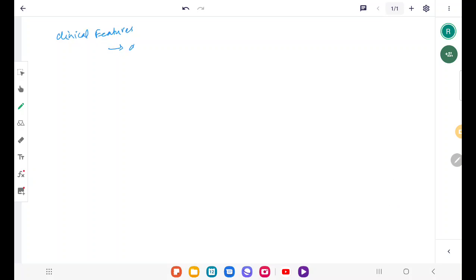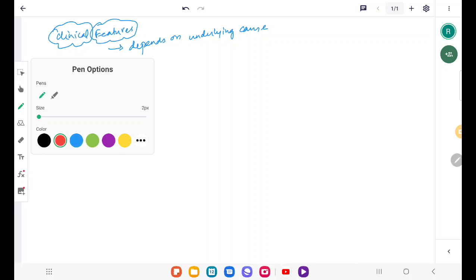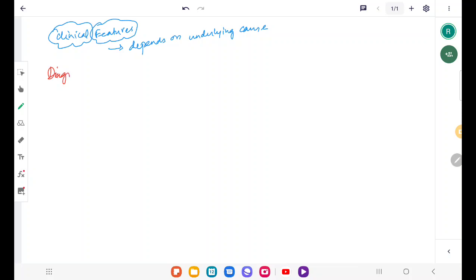Next we'll study the diagnostics of primary amenorrhea. Since there is amenorrhea, we have to evaluate the pregnancy test, to make sure that the patient is not pregnant.